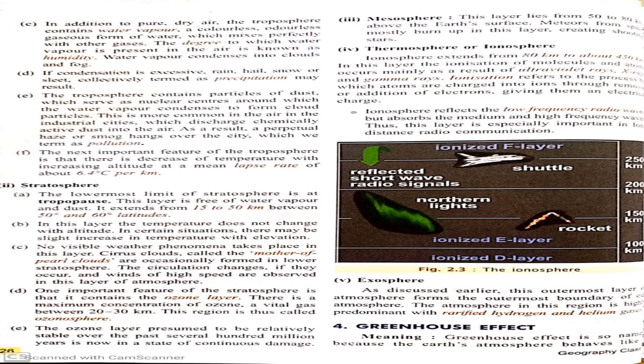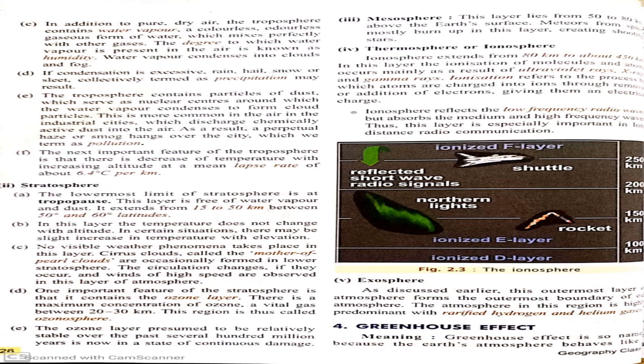Precipitation means any kind of water particles, whether liquid or solid, that fall from the atmosphere. So rain, hail, snow or sleet are all different forms of water particles that fall from the atmosphere after the condensation process.